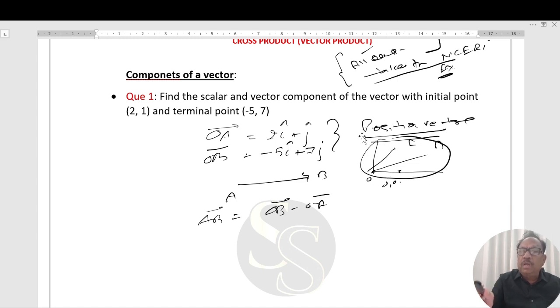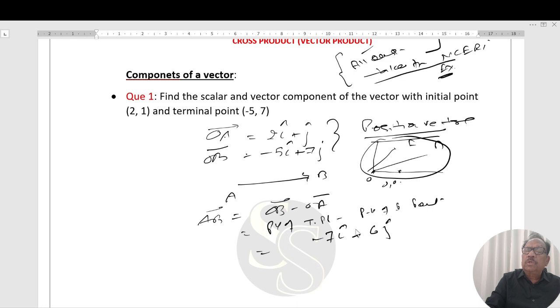Generally, a position vector is considered when the point is connected with the origin, right? OA is 2i plus j, OB is minus 5i plus 7j, so AB equals OB minus OA, that is position vector of terminal point minus position vector of initial point. This comes out to be minus 7i plus 6j.